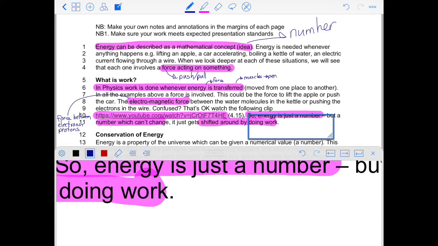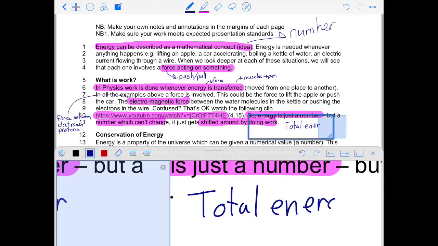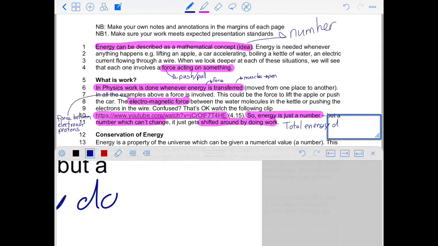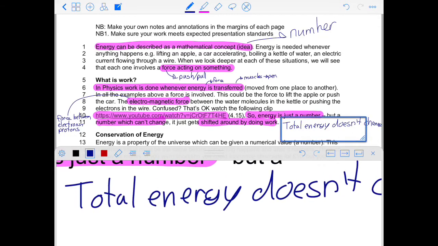So how I want you to think about energy is that the total energy doesn't change. There's always the same amount of energy in the universe. It only changes form.